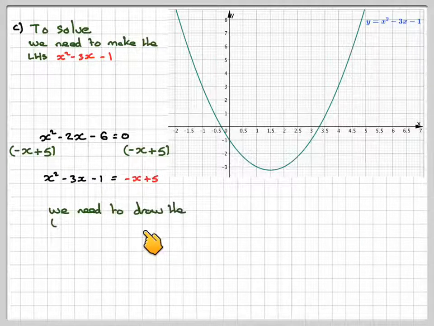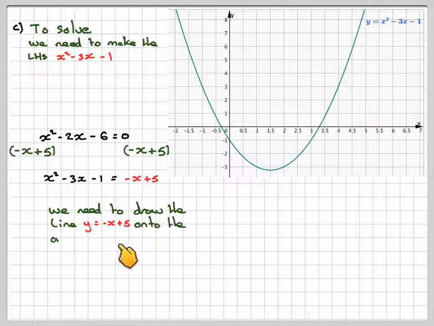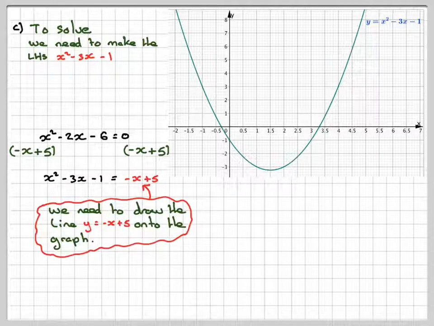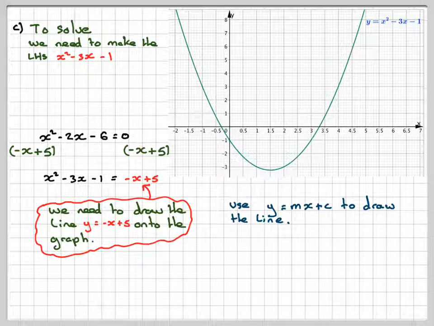Alright, we need to draw the line y is equal to minus x plus 5 onto our graph. We need to be careful, because that's 1 unit on the x-axis and this is 1 unit on the y-axis. Using the idea of y is equal to mx plus c, c will be the 5, so mark on plus 5, and then a gradient of minus 1 means for every one along we're going to go 1 down, so the next point will be there.